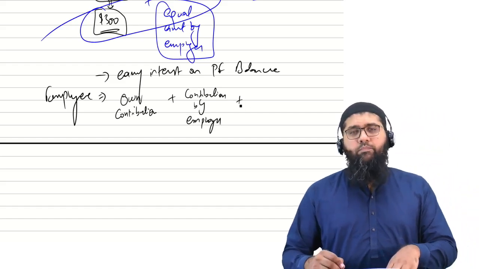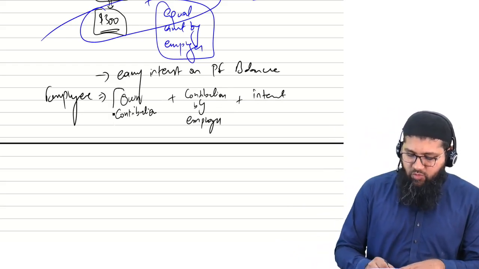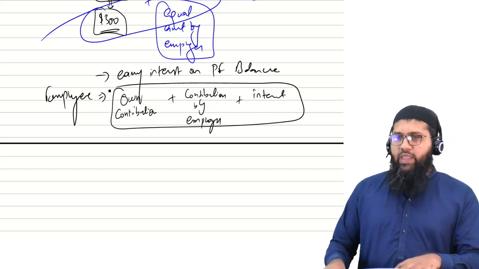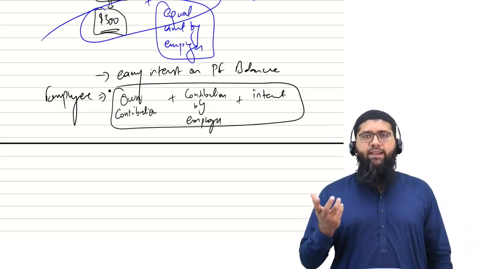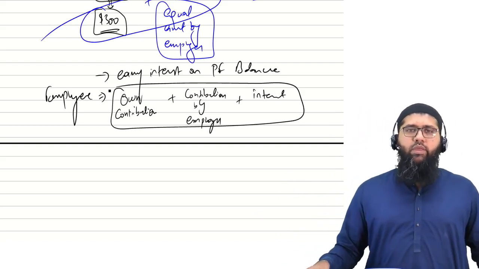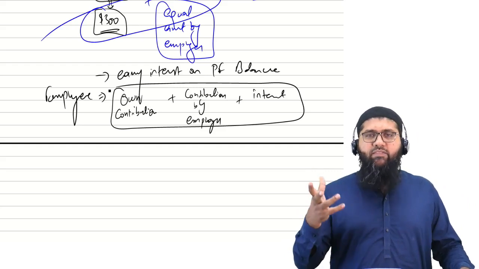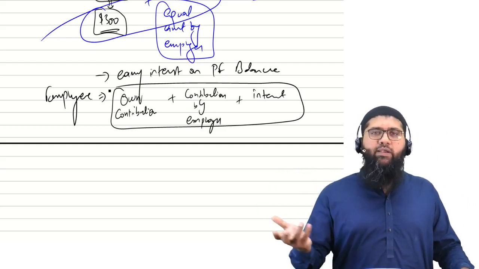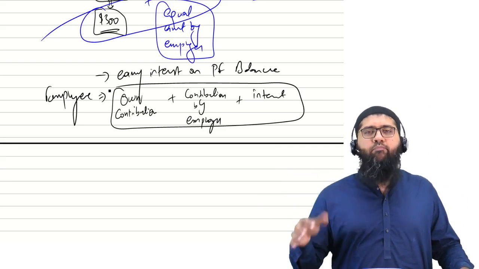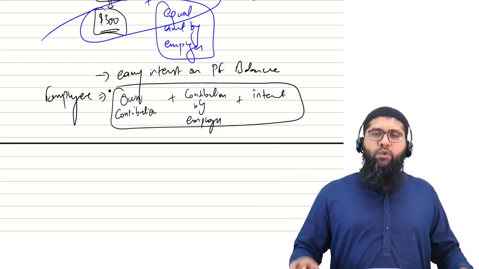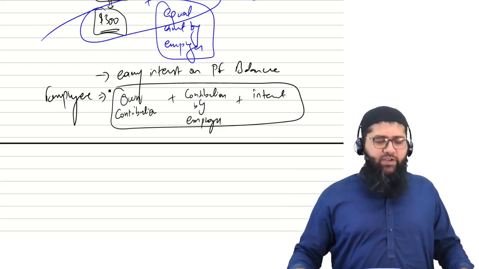Plus interest. So the employee is going to take away the amount deducted from his salary, an equal amount contributed by the employer, plus the interest earned on that deposit. All three belong to the employee, and that is majorly for his own benefit.